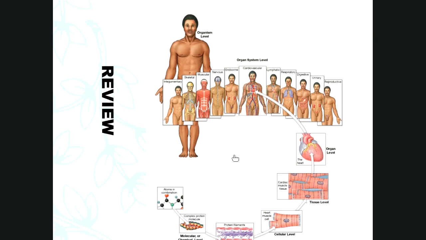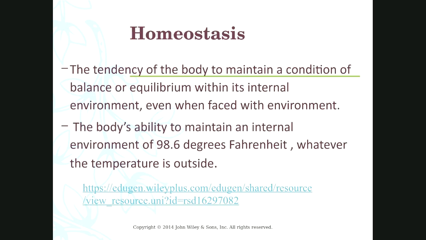So this is a review of most of the systems that we will cover in this class this semester. Some other terms that we've talked about in the past, for example, homeostasis. All these systems are set up in a continuous state to maintain homeostasis, which means the tendency of the human body to maintain a condition of balance and equilibrium.